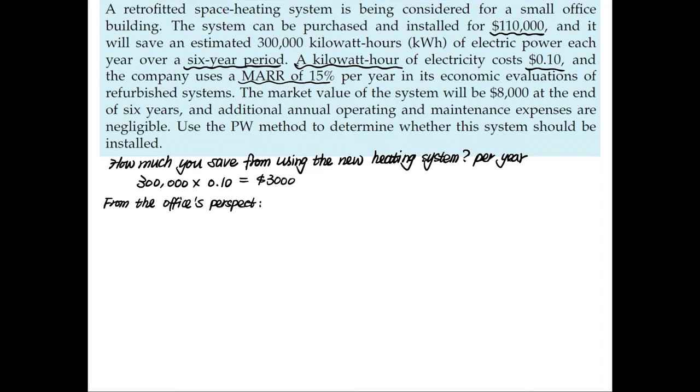That's going to be your first cash flow. So 0, 1, 2, 3, 4, 5, 6. Your first cash flow is outgoing, $110,000. Okay, and every year you can save. Remember that? So that's your receiving. It's going upward.